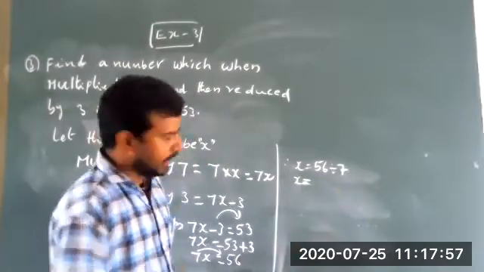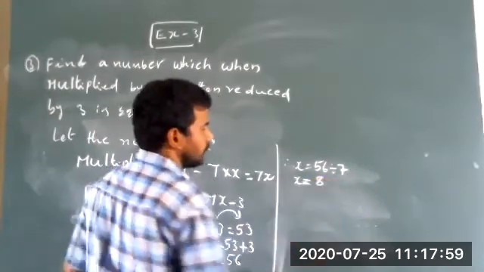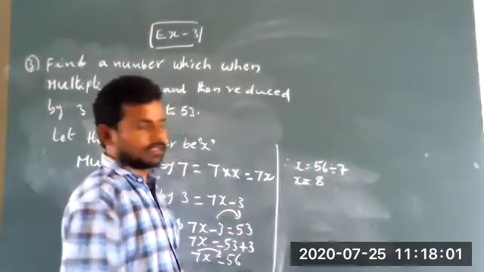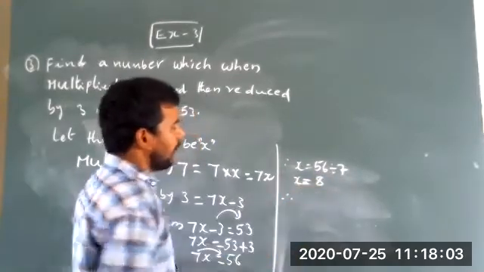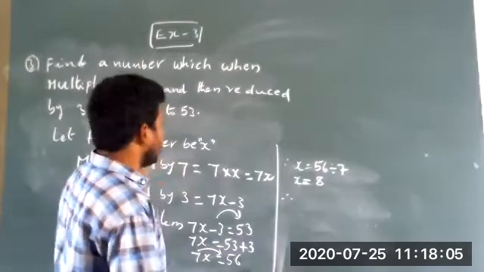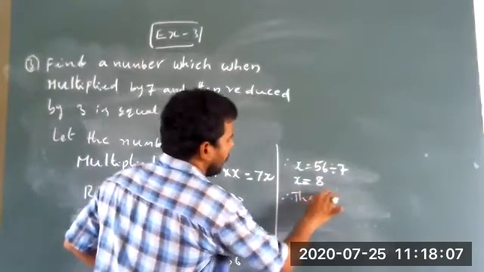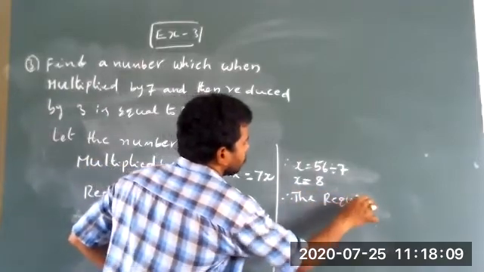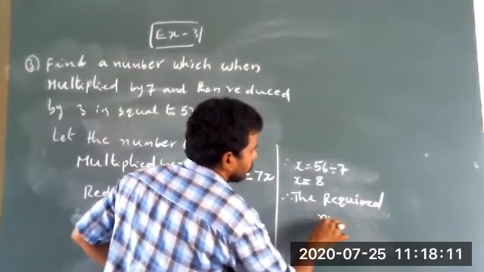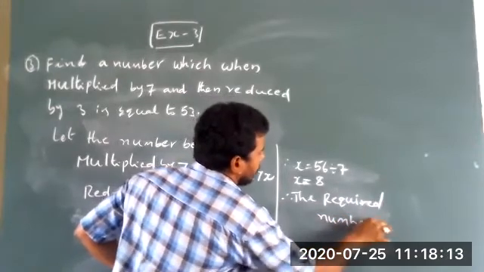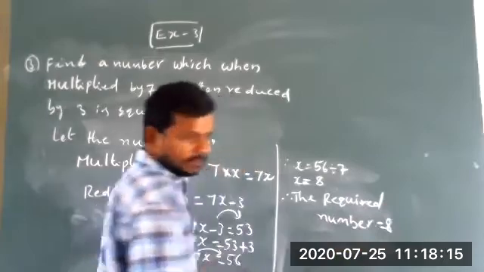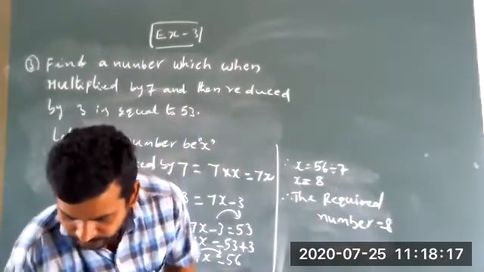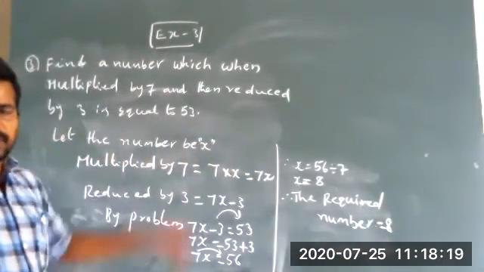How many times? 8 times. 8 sevens are 56. Therefore, x equal to 8. That means the required number equal to 8. Clear?